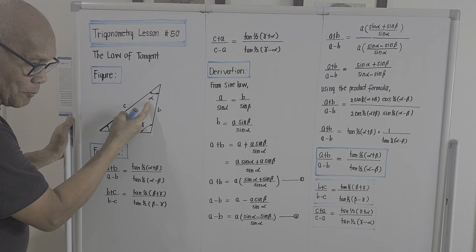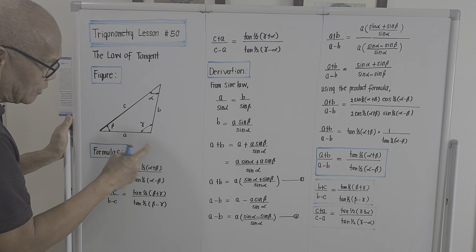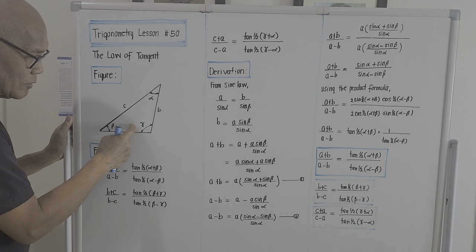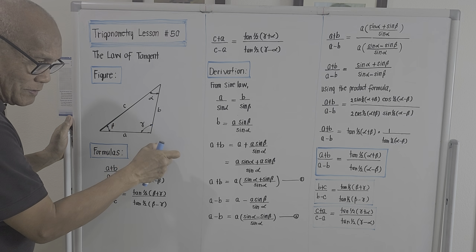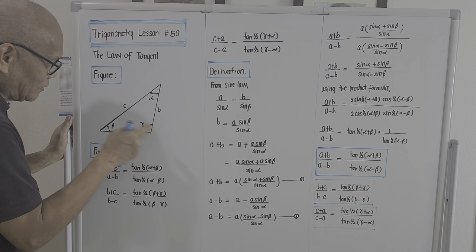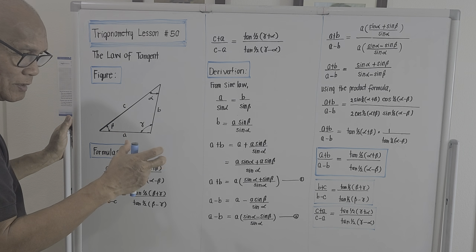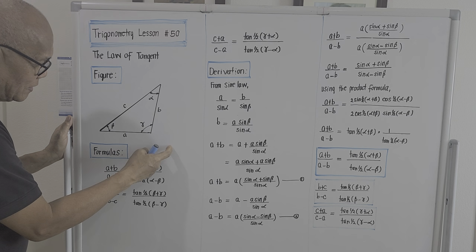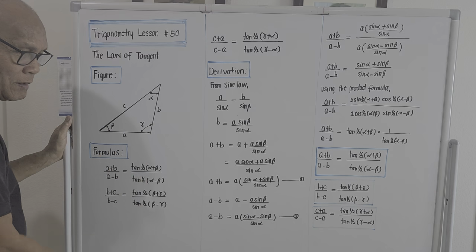The corresponding opposite side of it will be side A. And the third interior angle is actually gamma, and the corresponding side of it will be side C. So we are seeing formulas that involve A, B, and C, and the angles should be alpha, beta, and gamma.